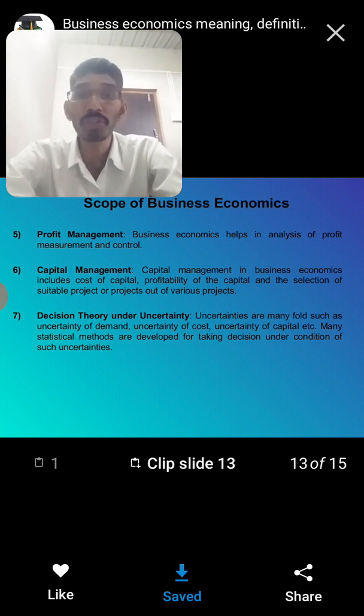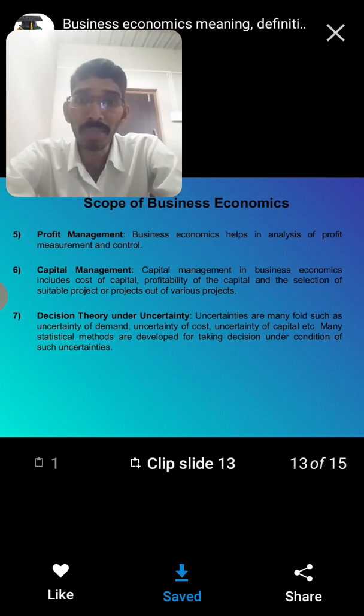Every businessman has to know how to take decisions in a crisis of uncertainties. That is also one of the important parts of business economics. Uncertainties may be uncertainty of demand, uncertainty of cost, uncertainty of profit, uncertainty of capital.